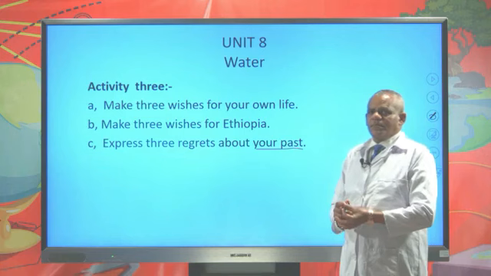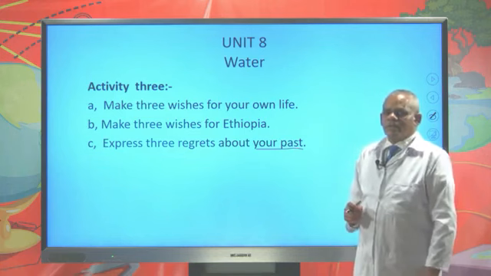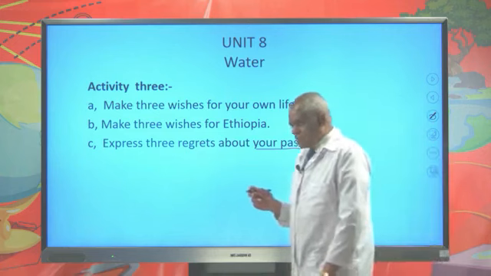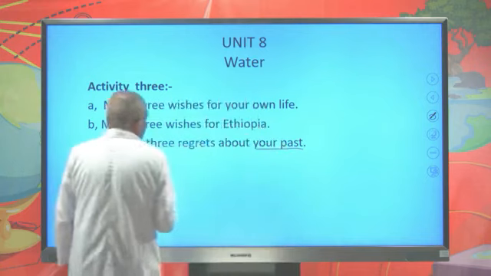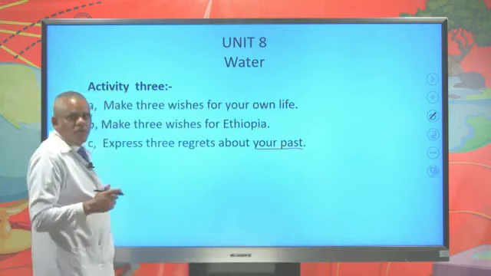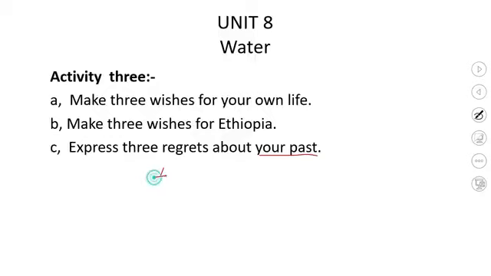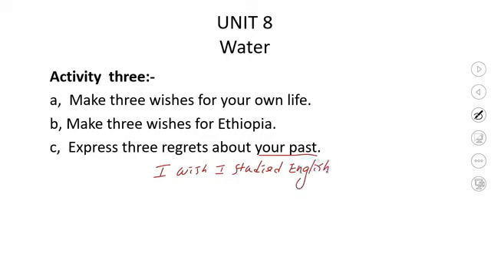Let me give you some sample examples for each activity. Make 3 wishes for your own life. For example, let me tell you my wish, right? I wish I studied English abroad.